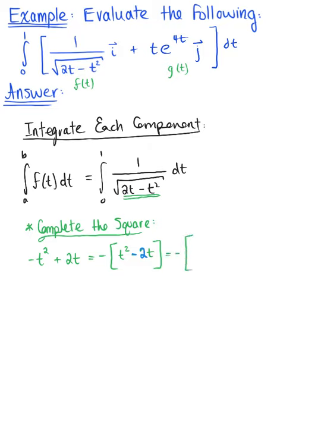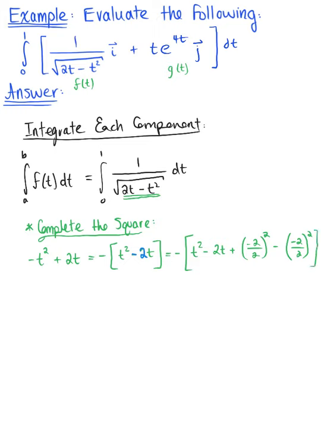So I have minus t squared minus 2t. And to complete the square, we take that coefficient, negative 2, divide it by 2, and square it. Now be careful. We can't just add this constant here. We want to technically do nothing, so we need to subtract the same thing. So that's minus negative 2 divided by 2 squared.